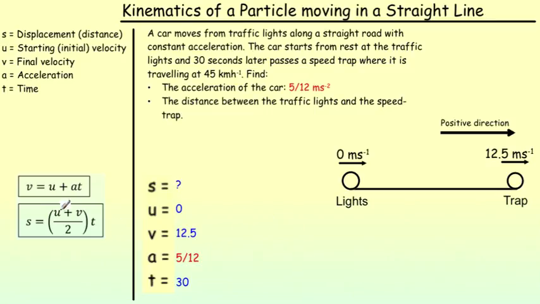So we're obviously going to use the second SUVAT equation here. s is equal to (u + v) divided by 2, which is going to be (0 + 12.5) all divided by 2, and that is all multiplied by our time, which is 30.